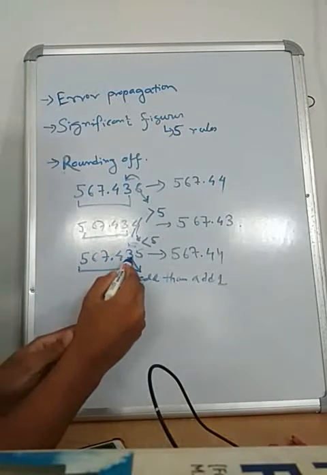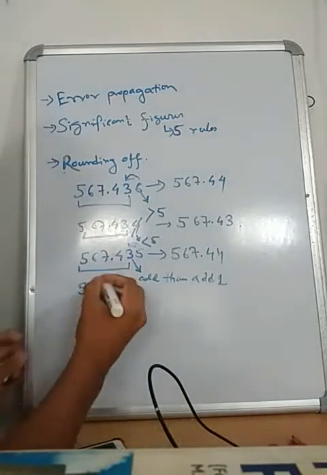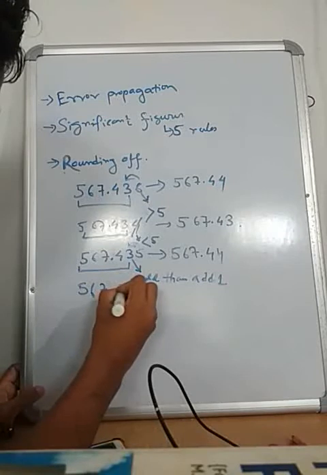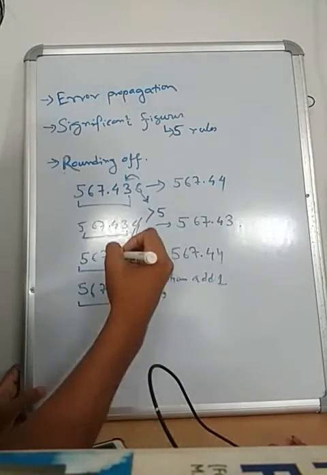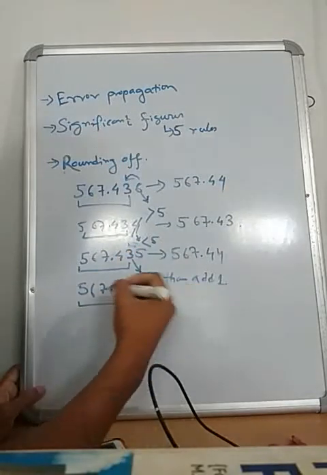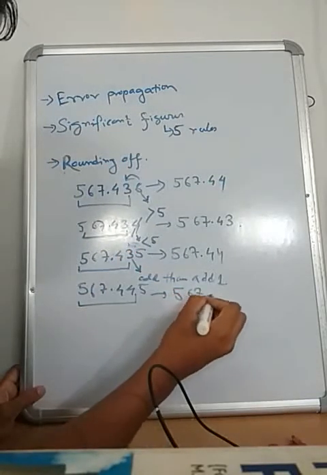If this is even, say 567.445, then after rounding off up to 5 significant figures it will be 567.44.